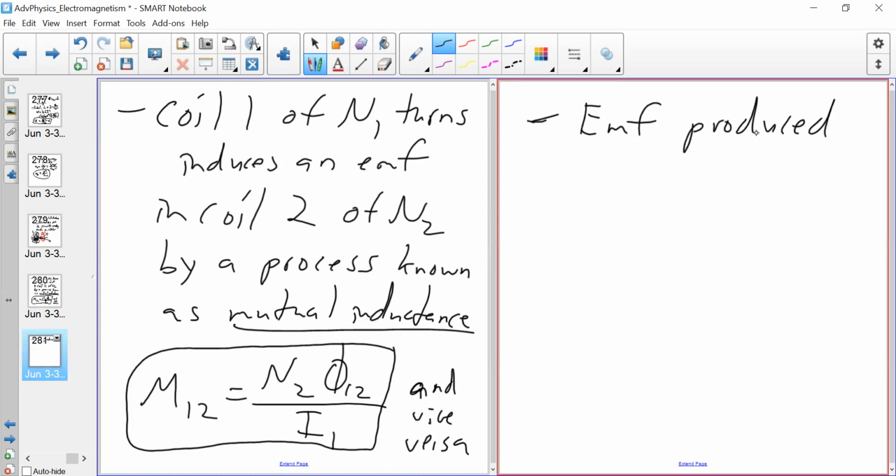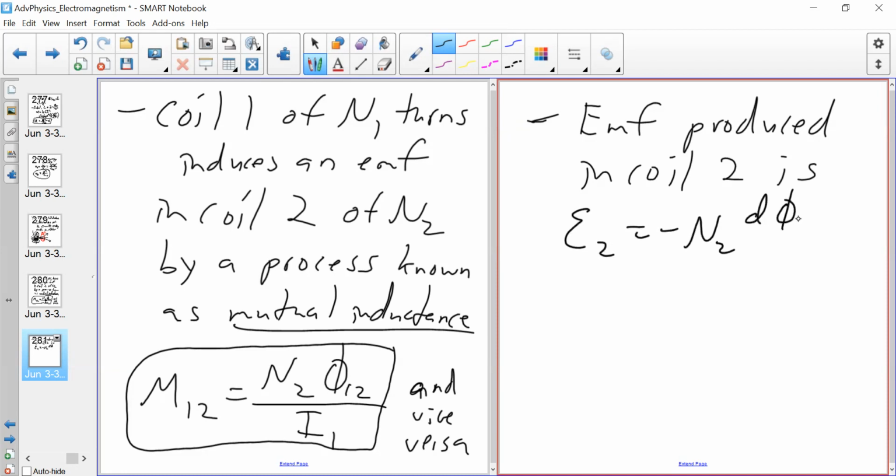The EMF produced in coil 2 is E2 equals negative N2, and we know this from Faraday's law. Are you familiar with that? Do you recall what that is?